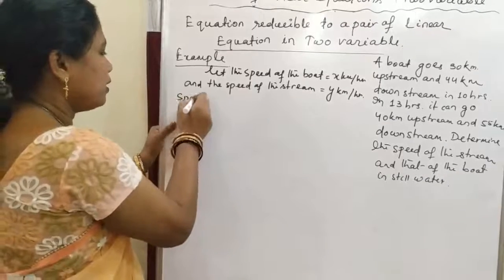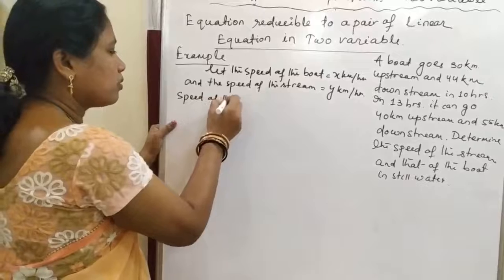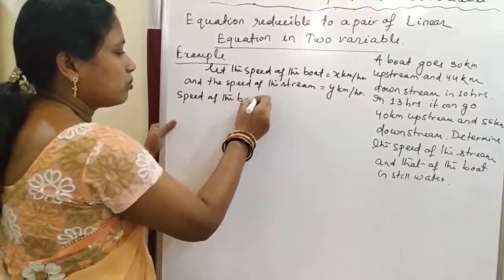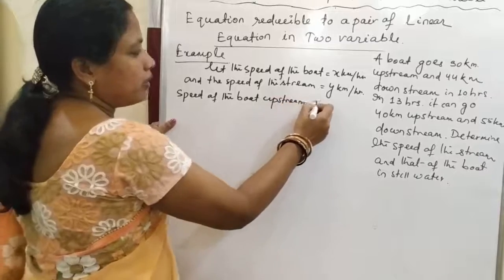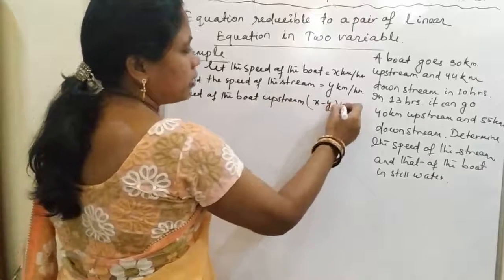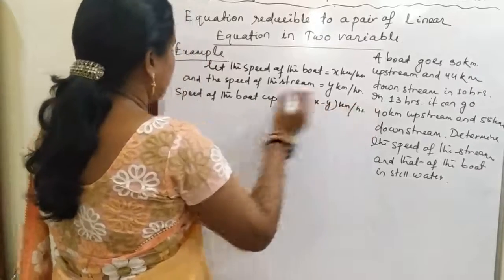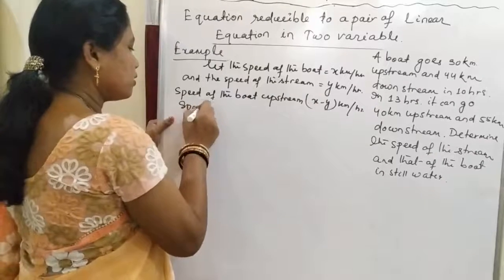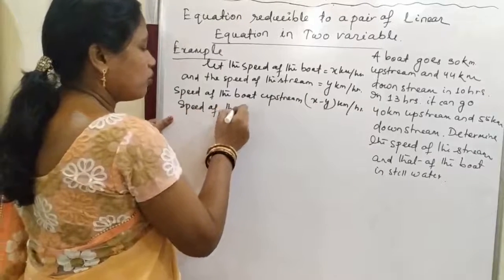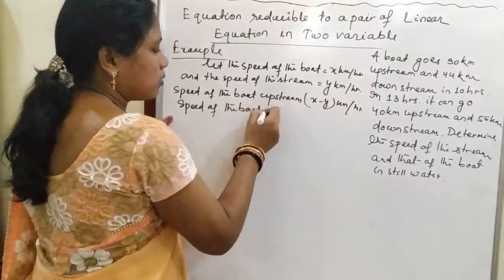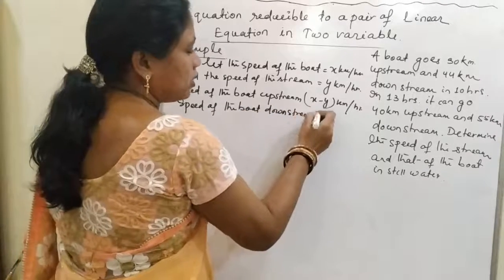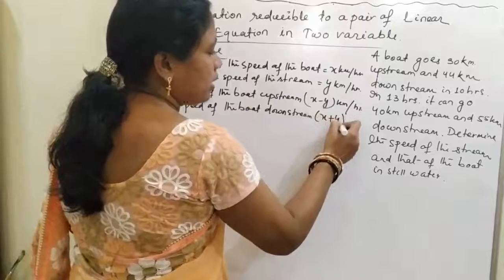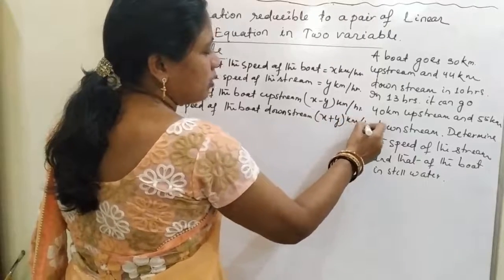Then the speed of the boat upstream will be x minus y km per hour. Then the speed of the boat downstream is equal to x plus y km per hour.